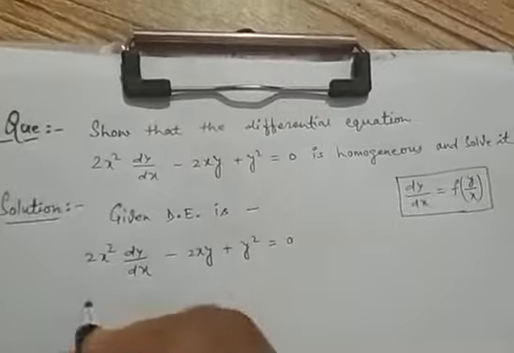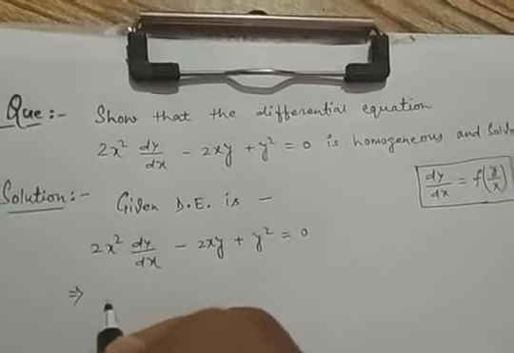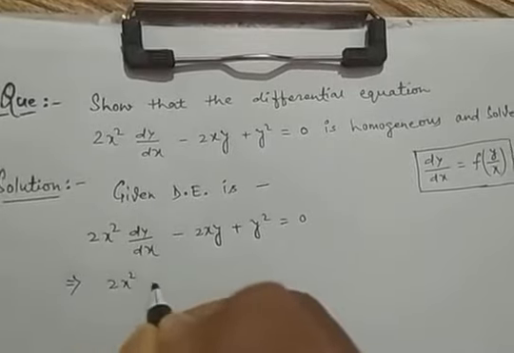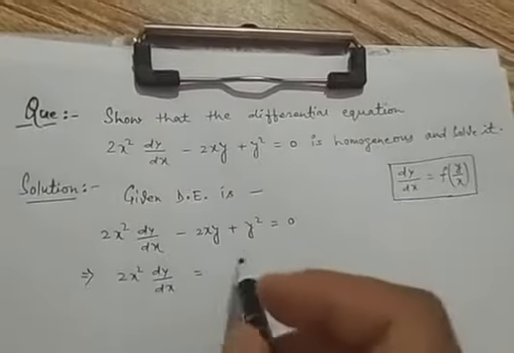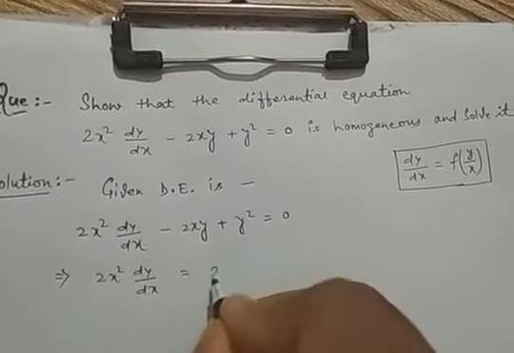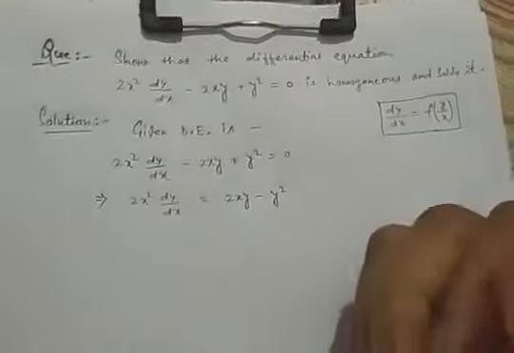Now here students, we can write it. This implies 2x square dy upon dx equal to 2xy minus y square.